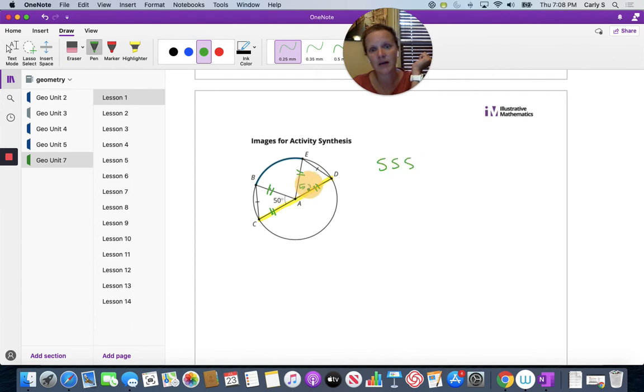Therefore, we know that this central angle is also 50 degrees because of CPCTC. 180 minus 50 is 80. Therefore, we know this is 80 degrees, and our arc is also 80 degrees. 50 degrees, 50 degrees, 180 degrees, 180 degrees. So many things we know.